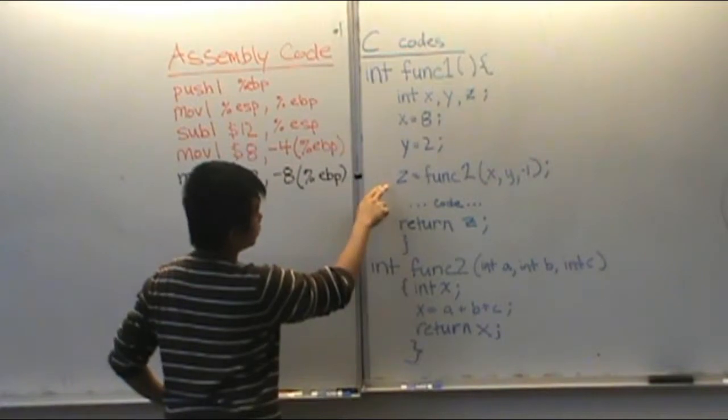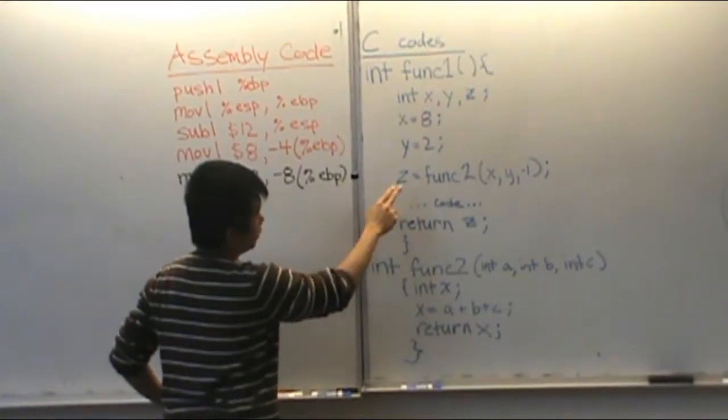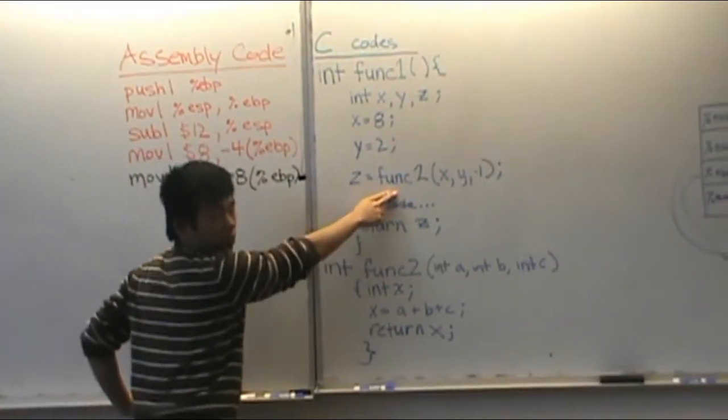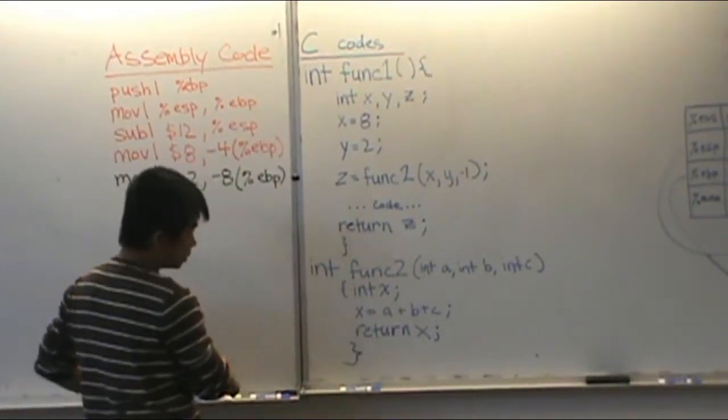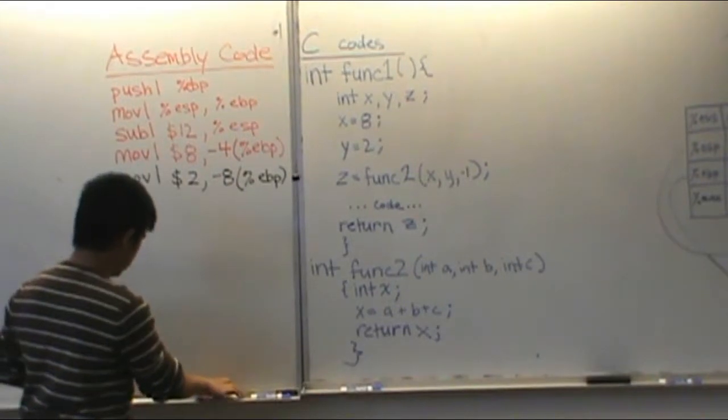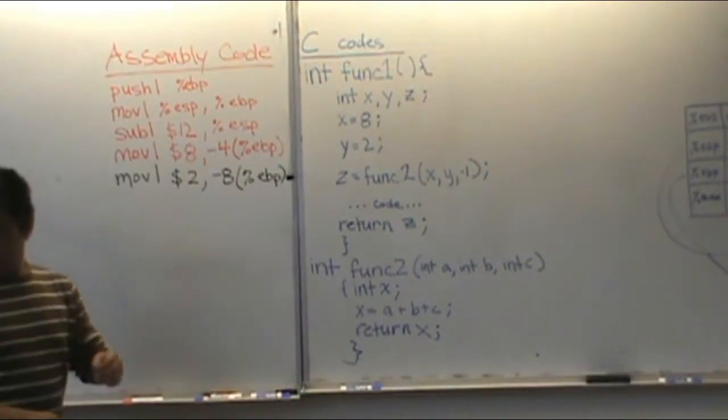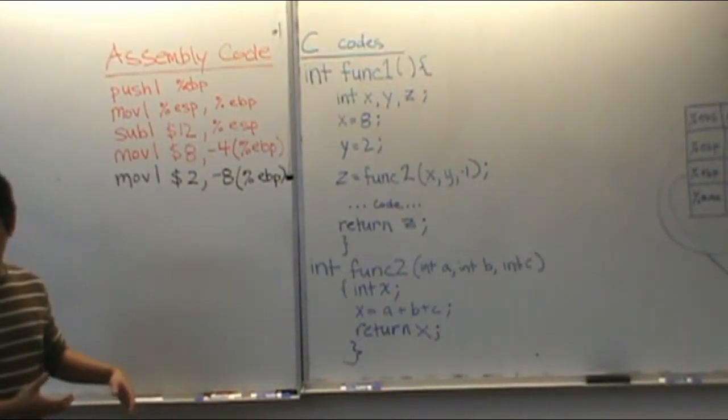Next, it will be calling this function, and then the return value of this function will be stored into z. So, the first thing we need to do is push anything valuable that we need.